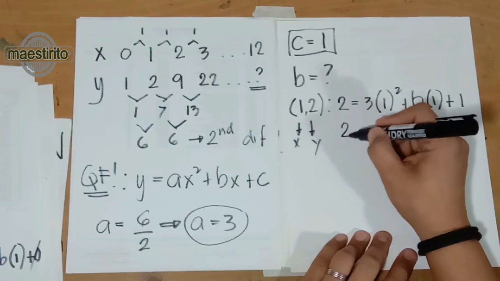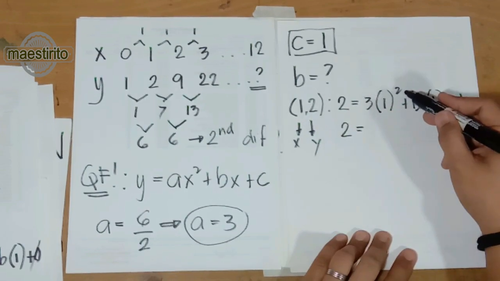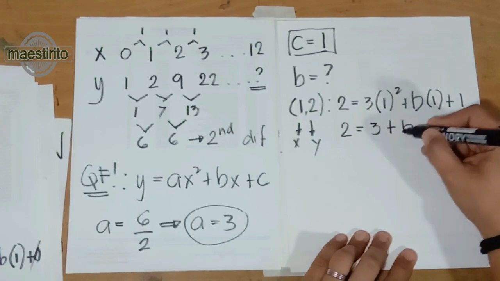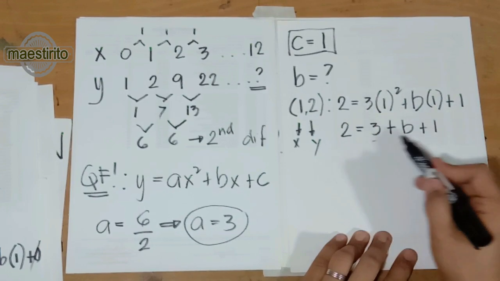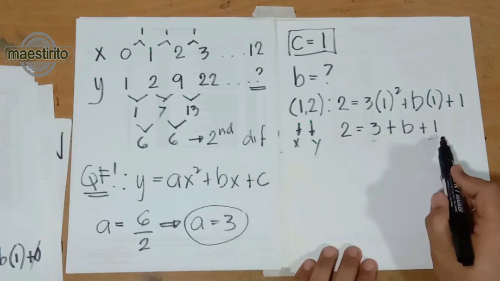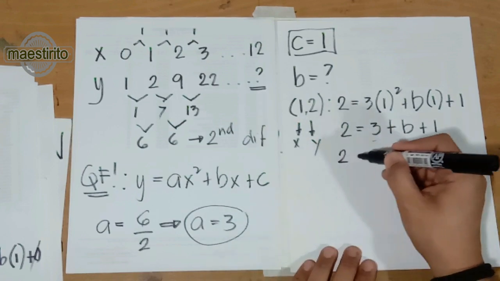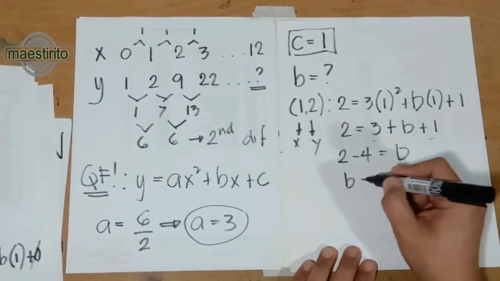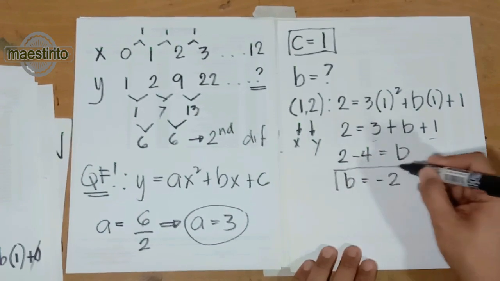So this will give us 2 equals 1 squared is 1 times 3, that's 3, plus b times 1, that's b, plus 1. So what is 3 plus 1? 4. Transpose that, so that will give us 2 minus 4 equals b. Therefore, b is negative 2.